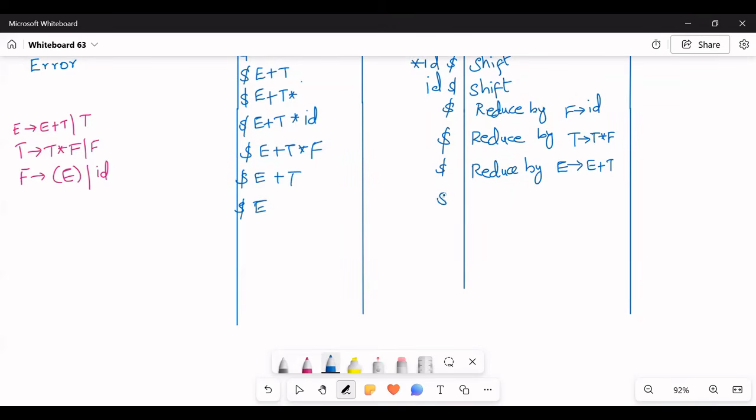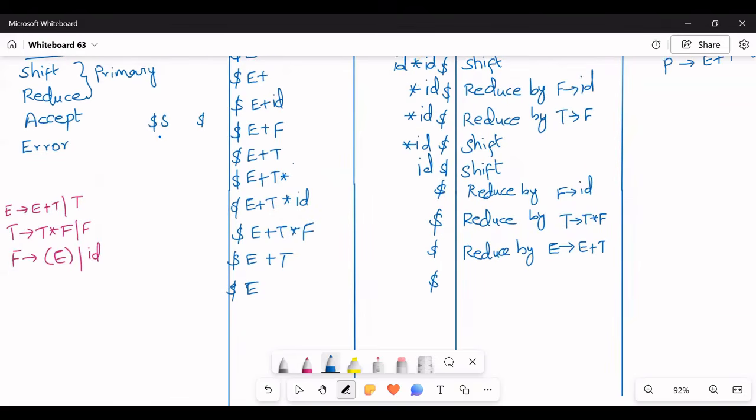Dollar is on the bottom of the stack. So now we got this configuration: dollar E on the stack, where E is the start symbol of the grammar, and we have only dollar on the input buffer. So the next action is accept action.